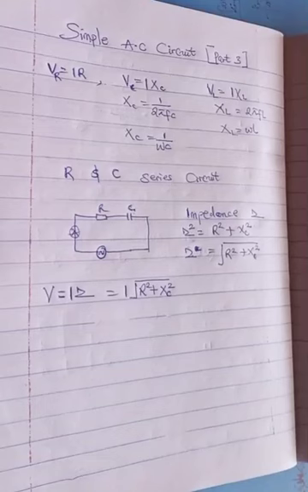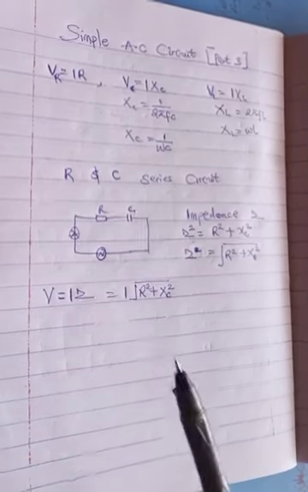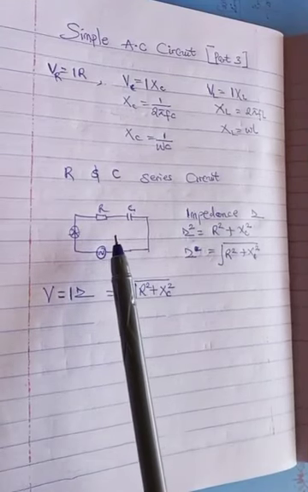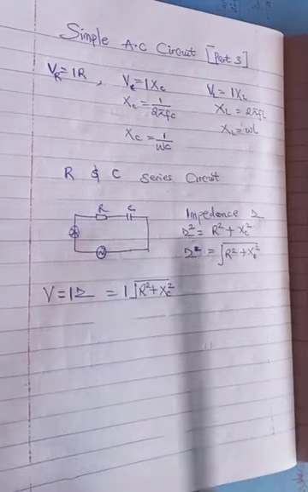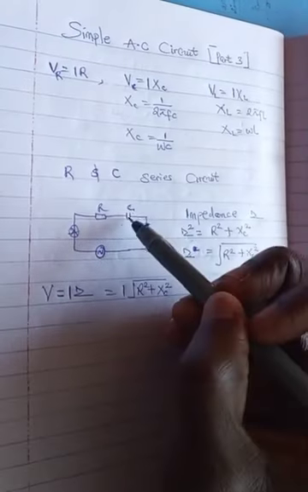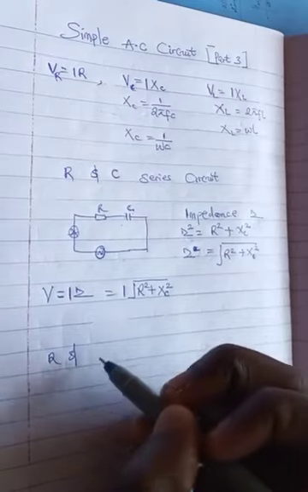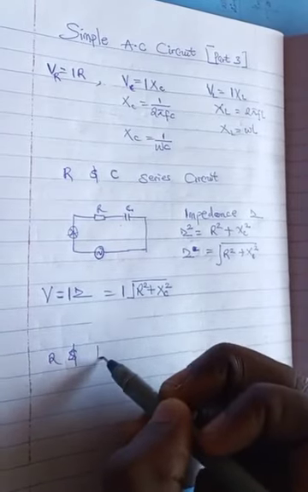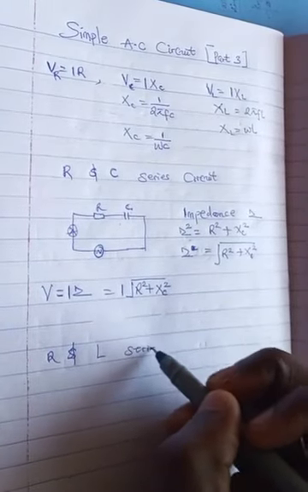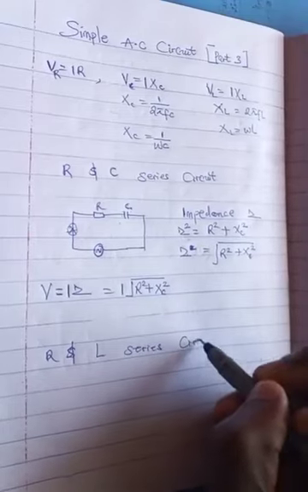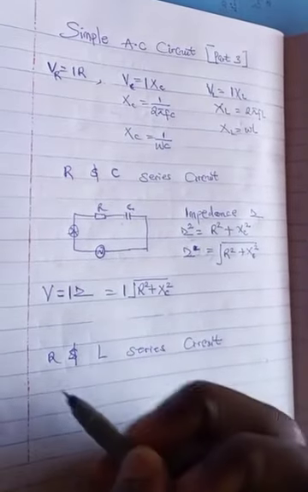Without drawing any further diagrams, similarly, we have the resistor and inductor in a series circuit. We just replace the capacitor with an inductor. So, the R and L series circuit. I'm not going to draw any diagram. We are going to proceed straight to the formulas involved.